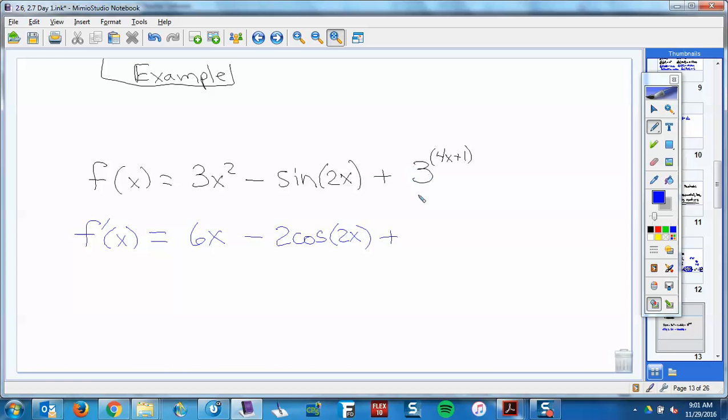So what would this be? We always keep the inside the same, times ln of 3, times what do we do right here?